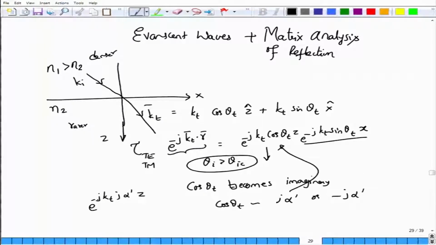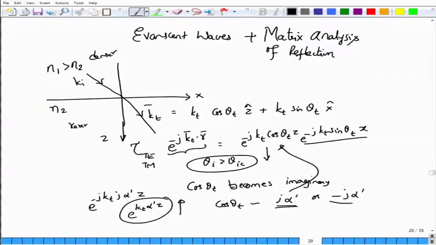What is the product of minus j into plus j? It is plus 1. Therefore, this says e power Kt alpha prime z. Now, alpha prime is real, Kt is real, z is real and it is increasing as you go into the second medium, which means this wave keeps on increasing in its amplitude as you go deeper and deeper. Clearly, that cannot happen, there is no amplification happening, no amplifiers are connected. So, this choice of plus j alpha is wrong.